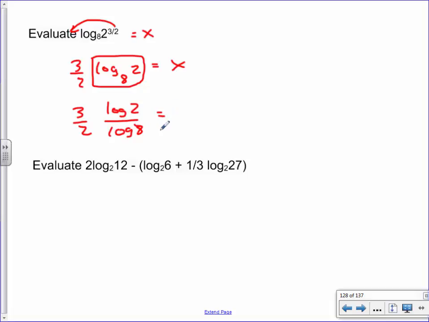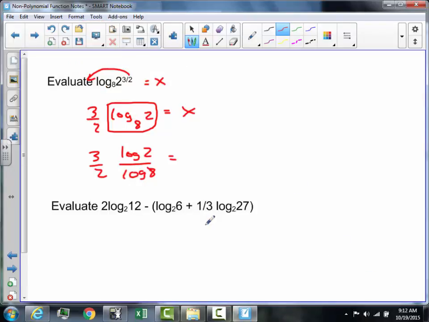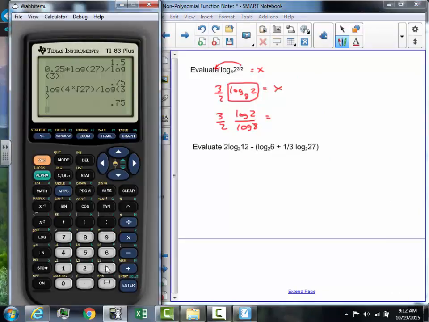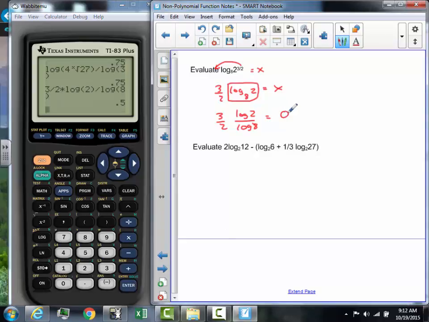That's what x would be. So 3 over 2 times the log of 2 divided by the log of 8.